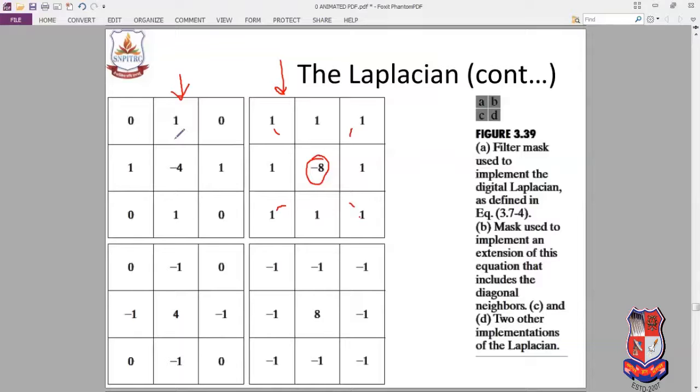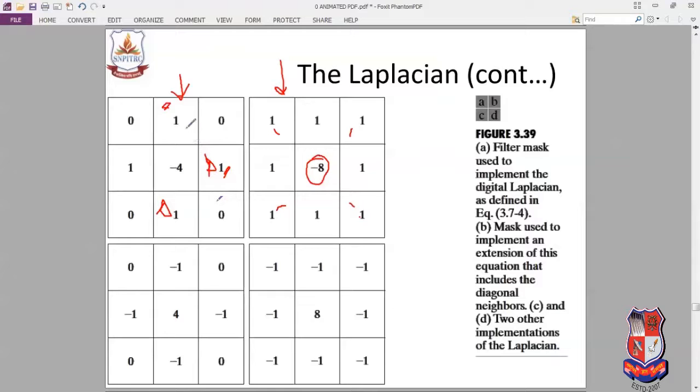Now see here. Now if I rotate this filter by 90 degrees, this pixel will come here. This pixel will come here. Okay. So if I rotate this by 90 degrees, the filter response will not change.